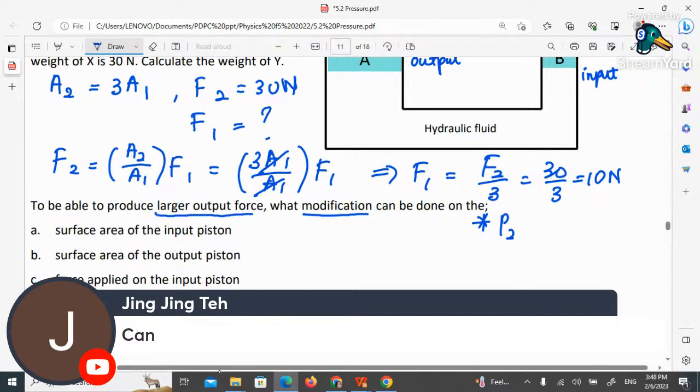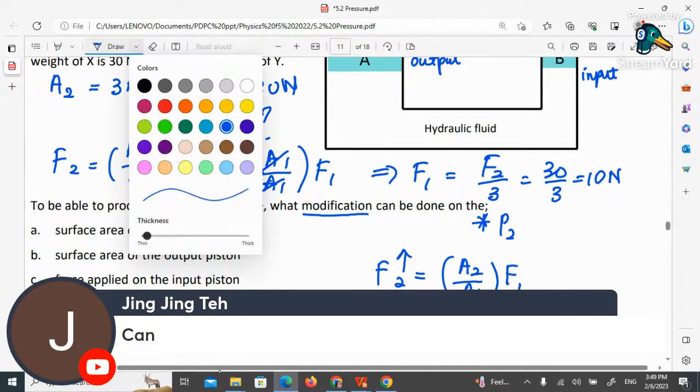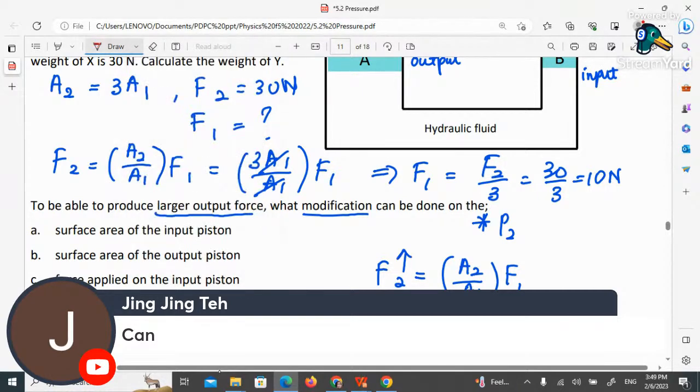For this one, just use the formula F2 equals A2 over A1 times F1. If you want to increase F2, you must change these 3 factors. So the area of the input piston must be what? A1 is inversely proportional to F2, so you must make it smaller.